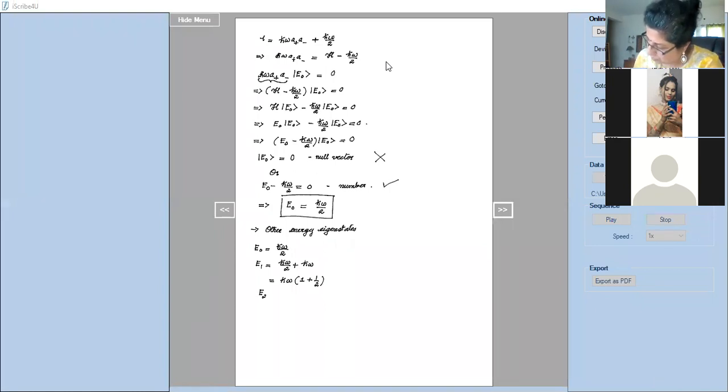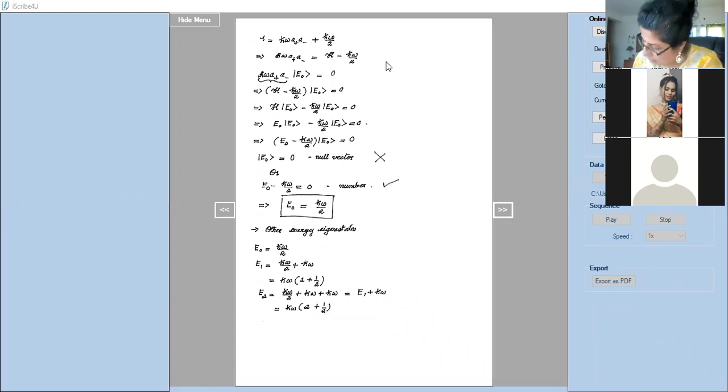E2 is going to be h cross omega by 2 plus h cross omega plus h cross omega. Or we can also say it is equal to E1 plus h cross omega, or E0 plus 2 h cross omega. So it is going to be nothing but h cross omega into 2 plus half.